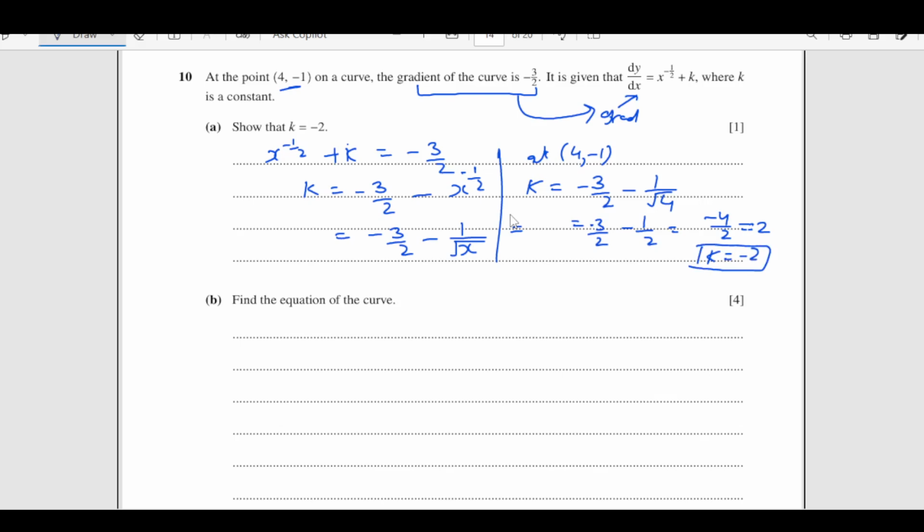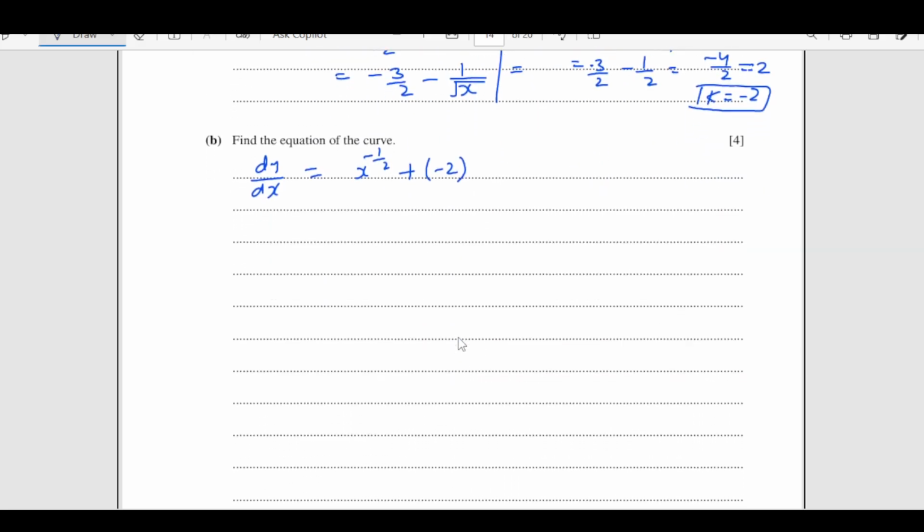Now, part B, find the equation of the curve. For the curve we require the gradient. The gradient is given to us as dy/dx equal to x to the power minus 1/2 plus k. Now we can substitute the value of k, which is negative 2. If we integrate this, we will get y.